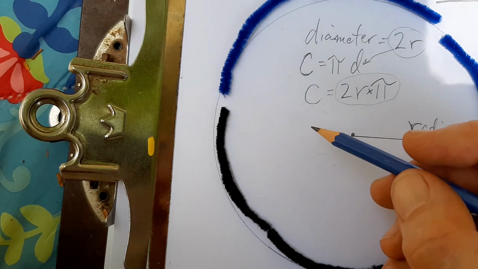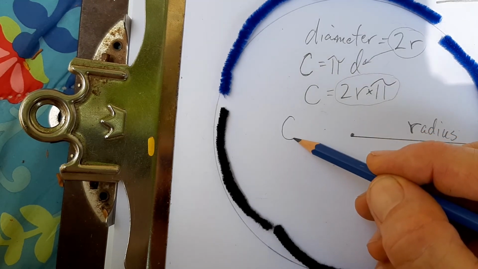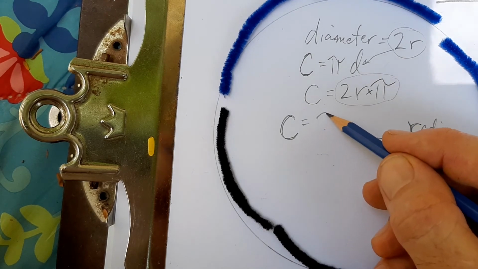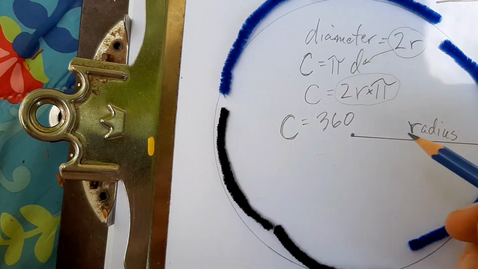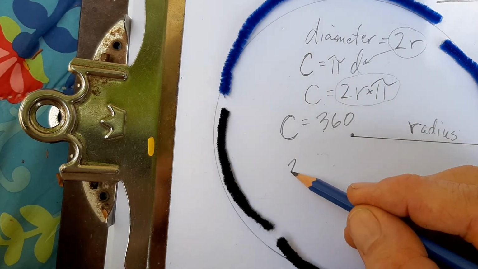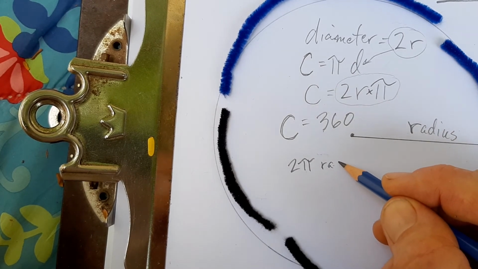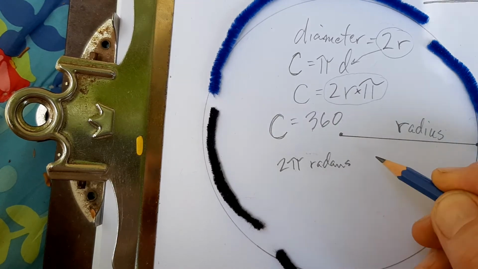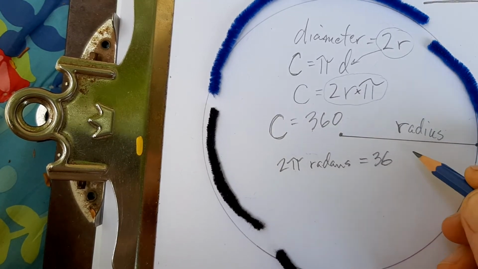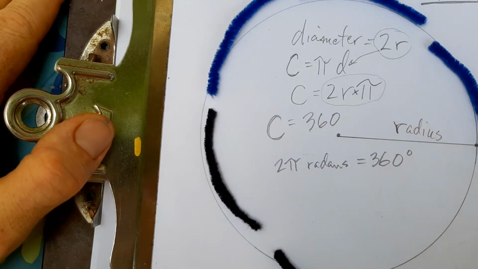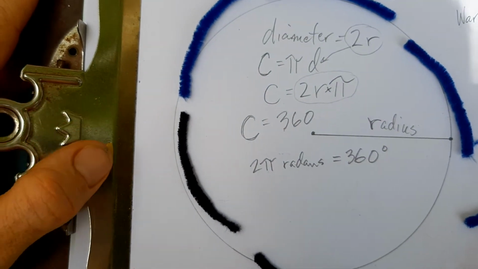So what is the circumference in degrees? One full rotation is 360 degrees. So here we are. We've got our 2 pi radians equals 360 degrees. That's how you get to this conversion factor.